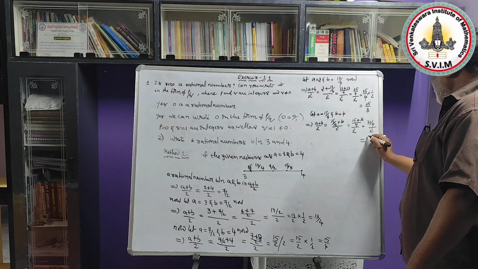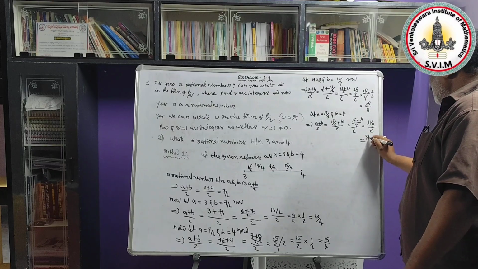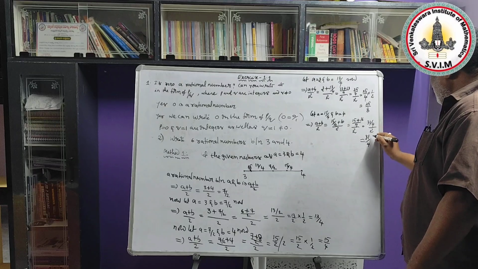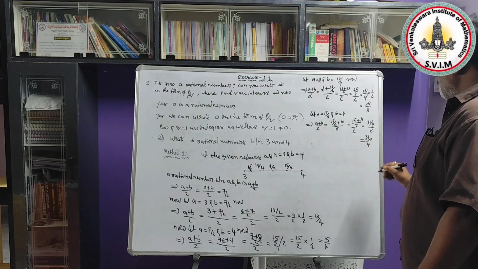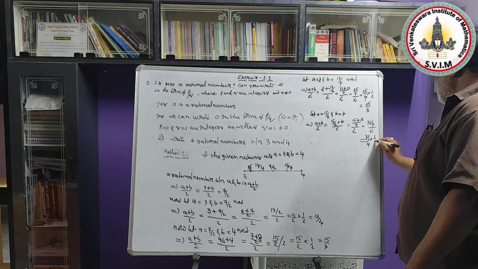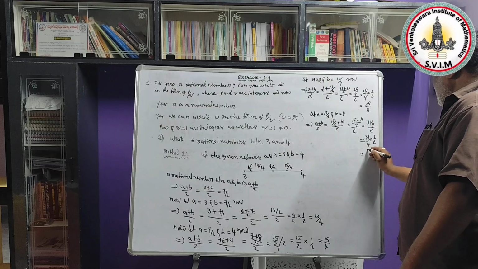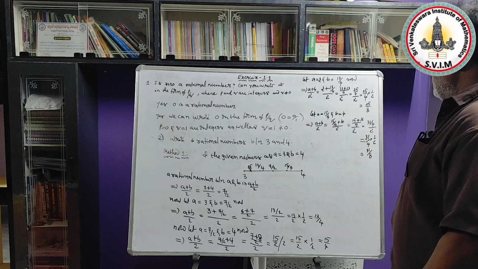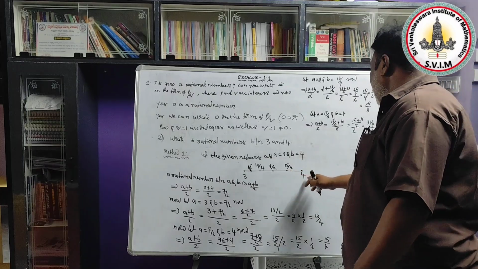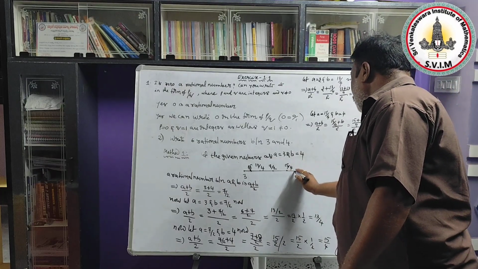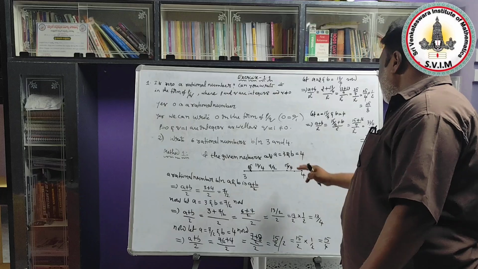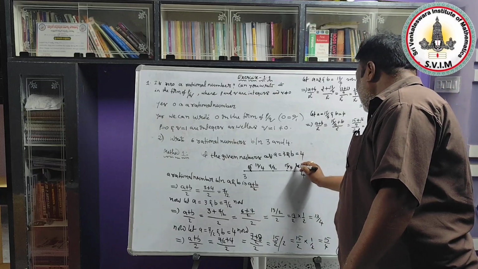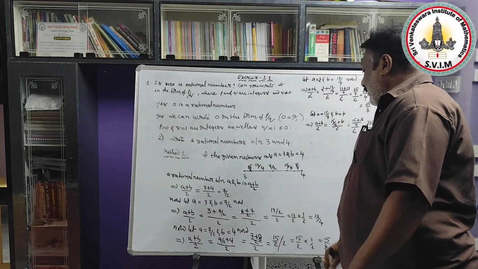Next 31 by 4 and divided by, I am changing as into, then this 2 by 1 will change as 1 by 2, that is equal to 31 by 8. This is one more rational number between 15 by 4 and 4. That's why you need to mark that rational number between them, that is 31 by 8.